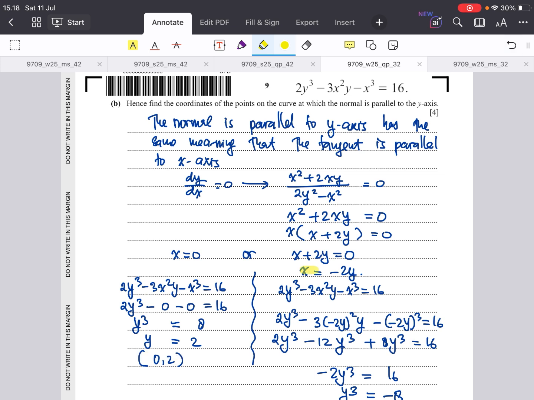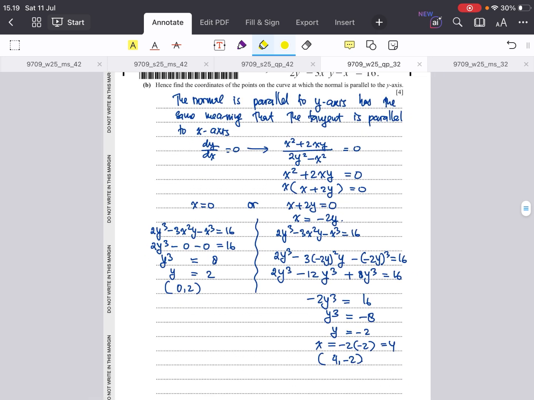And then the other, when x equals negative 2y, again we change the value of x here. Now replace the x with negative 2y. So it will be like this. We change the x here with negative 2y. And then we simplify into negative 2y cubed equals 16.